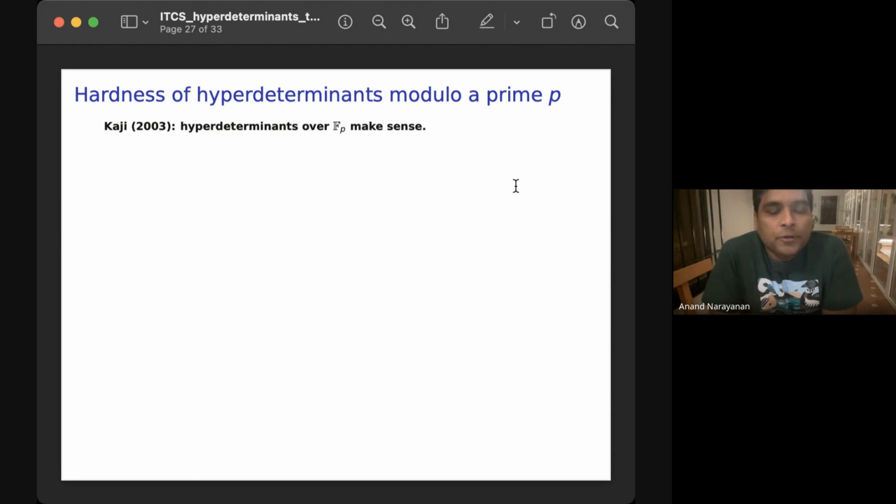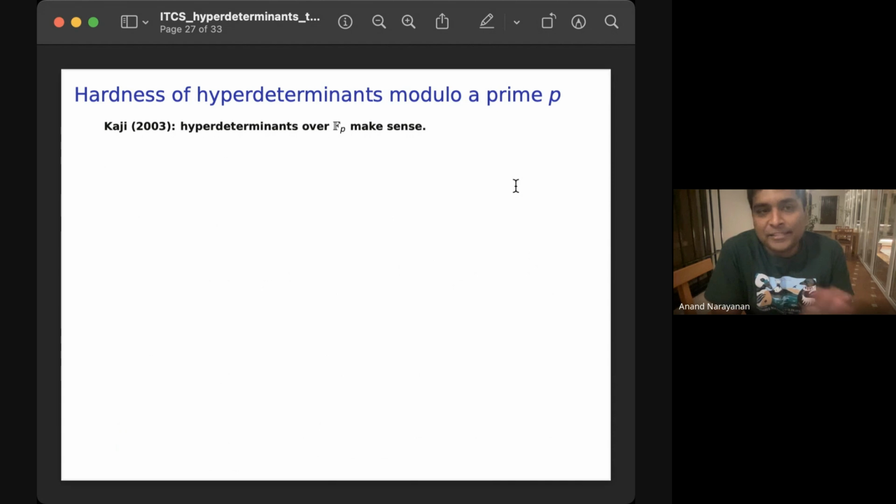So far, we've been trying to derive hardness through purely complexity theoretic reductions. Now I will try to do so using some cryptography. Before discussing the hardness, we have to replace the complex numbers by a finite field. The way hyperdeterminants are defined is very geometric, using projective duality.